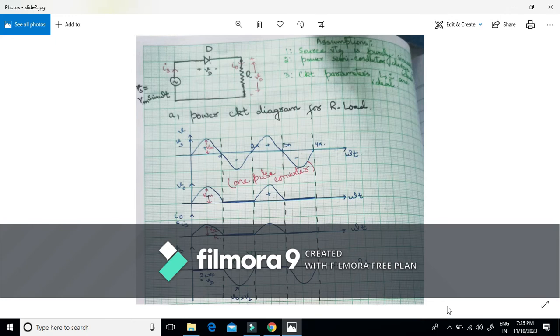Also, if a transformer is connected on the input side, saturation of the transformer core occurs because of the accumulation of flux, because the current is present only in the positive cycle. That means there will be accumulation of flux during the positive cycle, and during the negative cycle, since there is no current, no flux is given back.